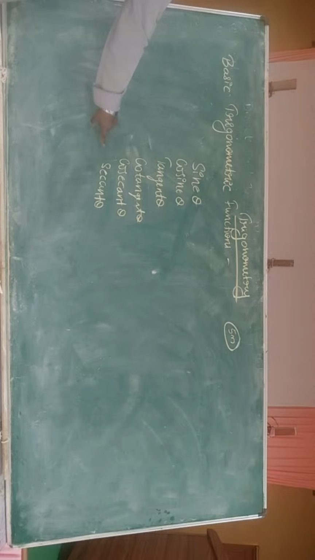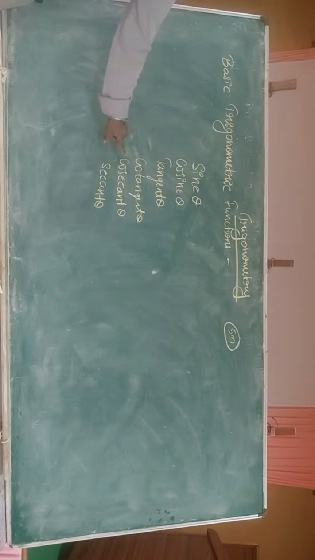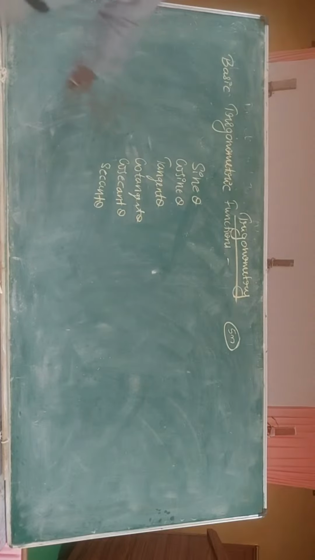So in circles we have studied tangent and secant. In 9th standard we have studied tangent. What is tangent? A line drawn out of the circle. Here is one circle, and I am drawing one line out of the circle.